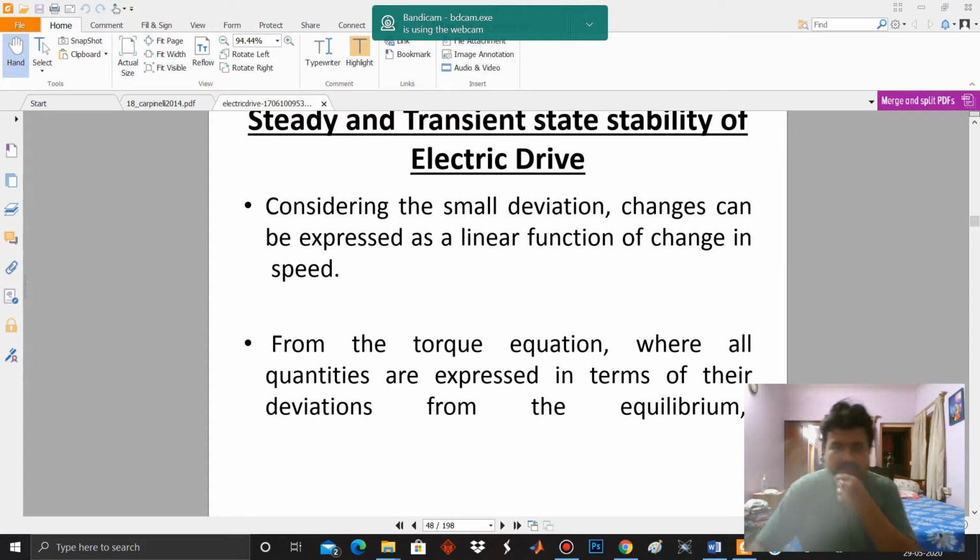Now considering the small deviations, changes can be expressed as a linear function of change in speed from the torque equation, where all the quantities are expressed in terms of their deviations from the equilibrium. So these are the small deviations. They are expressed as a linear function of the change in speed.